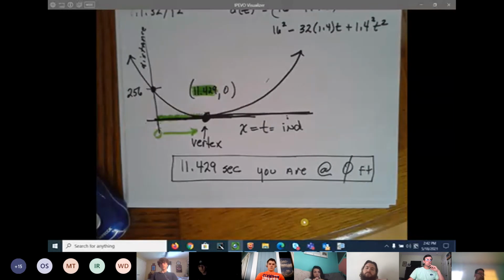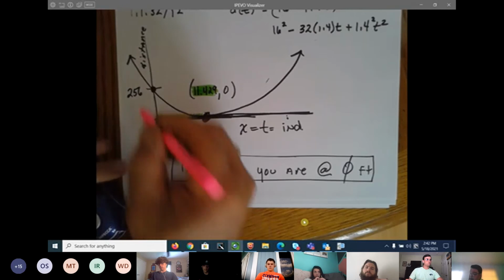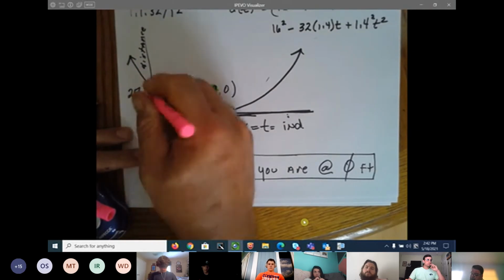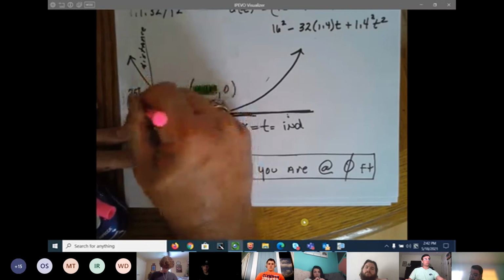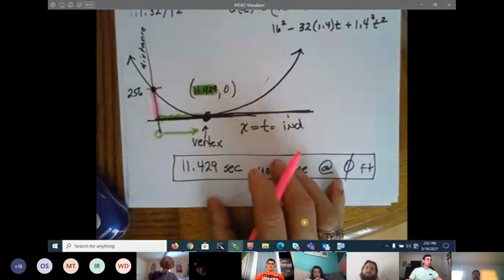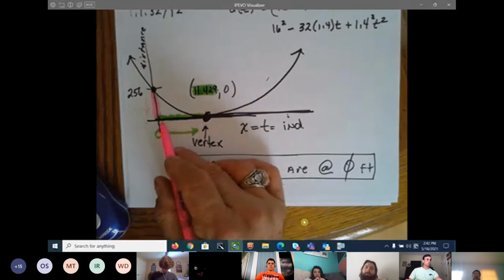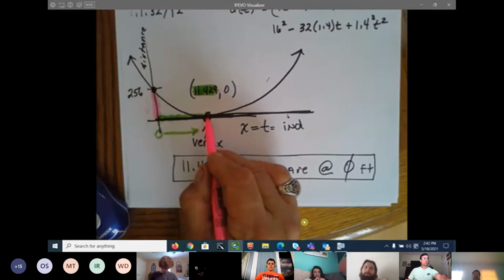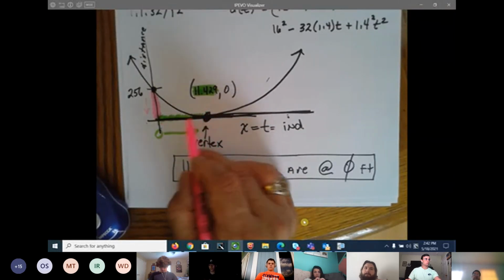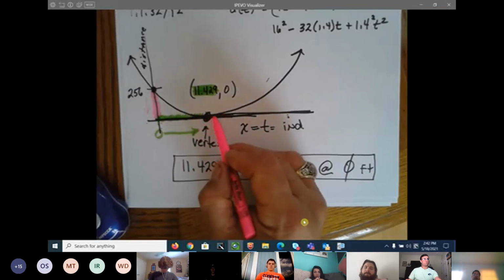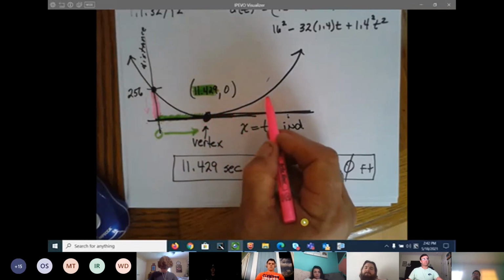256 to the height of 0, which drains out. So I'm going to put my pink highlighter. So the range goes from 256 down to 0. That's the height, during the time of 0 to 11.429 seconds. So there's your domain. Now, if I go here, what is the tank doing here?